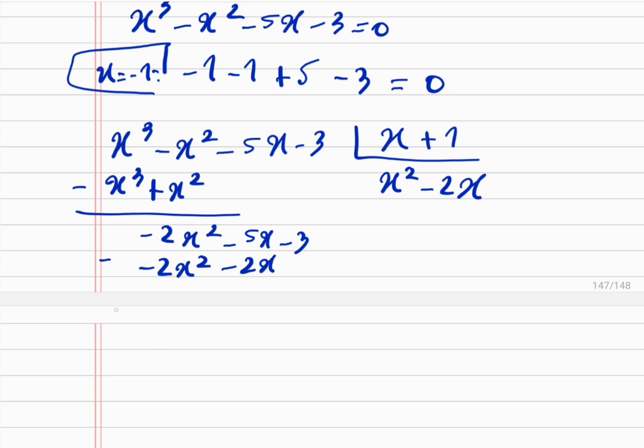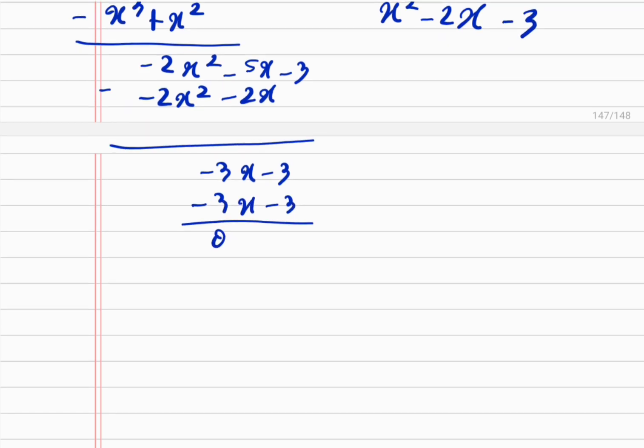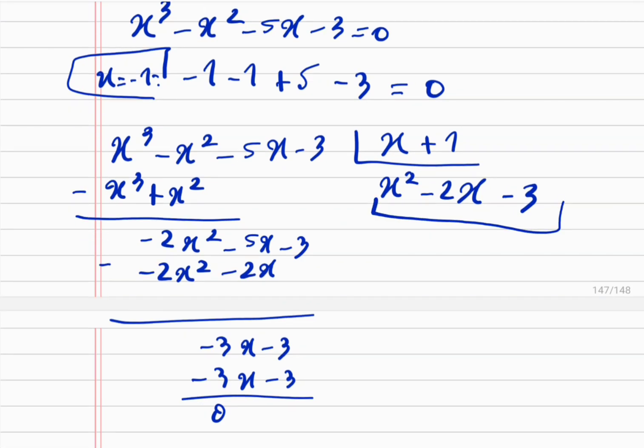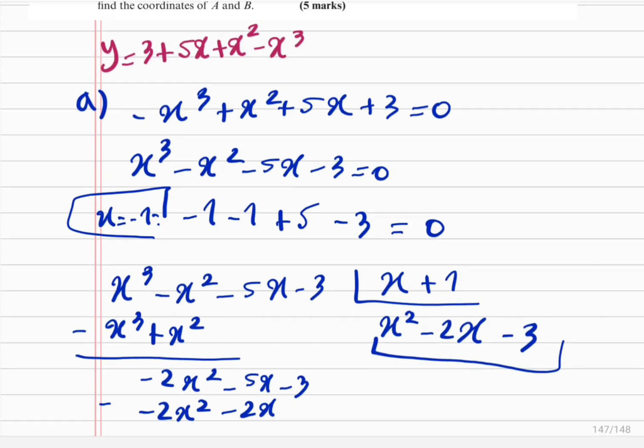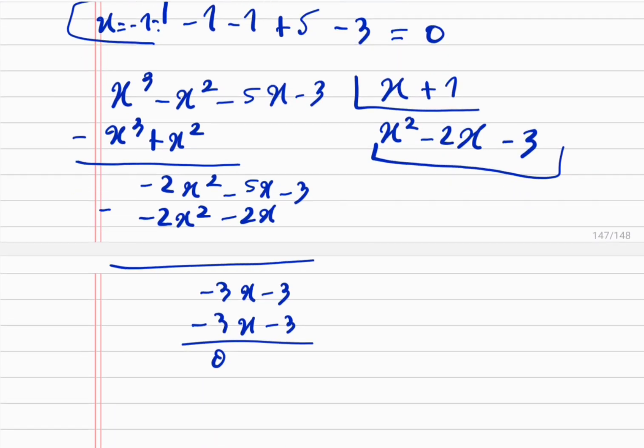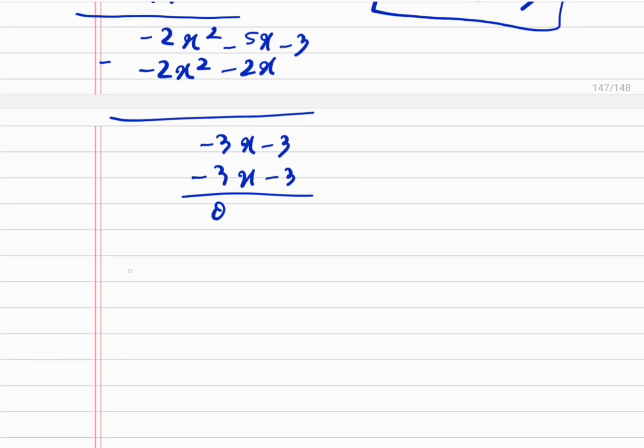We subtract once again and get 0 for the x squared terms. Then we get minus 3x minus 3, and finally minus 3, which gives us minus 3x minus 3, and that's 0. So we now need to solve this quadratic, because the cubic is equal to x plus 1 times this quadratic. If we solve the quadratic, that's going to give us the solutions we want.